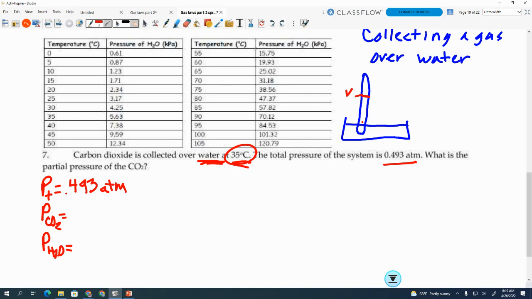So you have a table similar to this as your resource. This particular one measures it in kilopascals. The other one, the one that we would be using normally, measures it in millimeters mercury. All right.